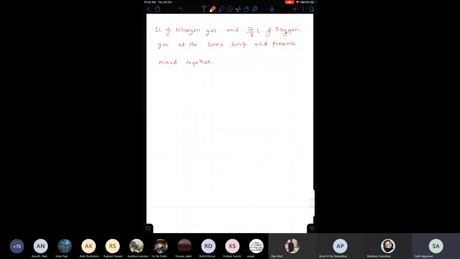Relation between the masses m, that is molecular masses of two gases will be?